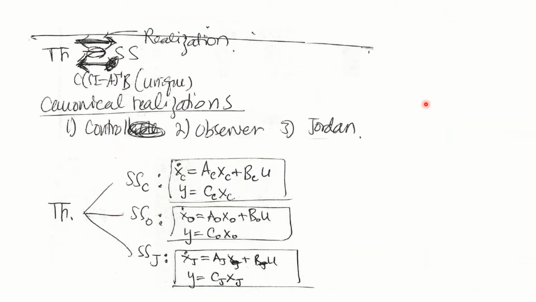Now we are going to see the so-called realization technique. We have seen the conversion of state space to transfer function. The formula is given this way. Note that this formula is unique, so for given ABC, there is only a single way to get the transfer function. But now we are going the other way: the conversion of transfer function to state space model.